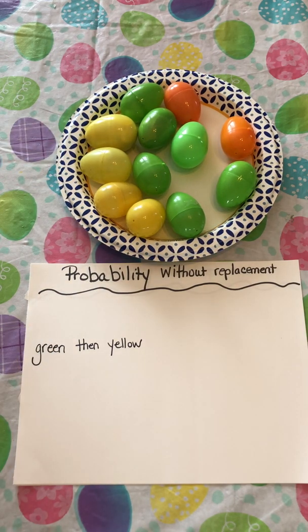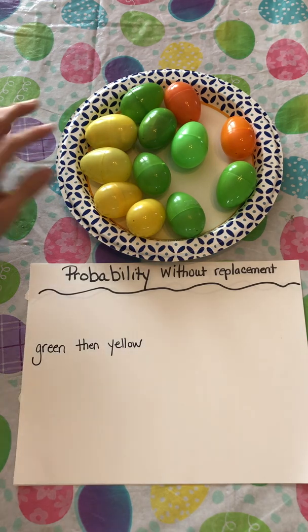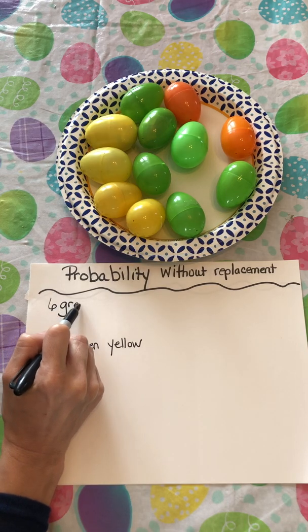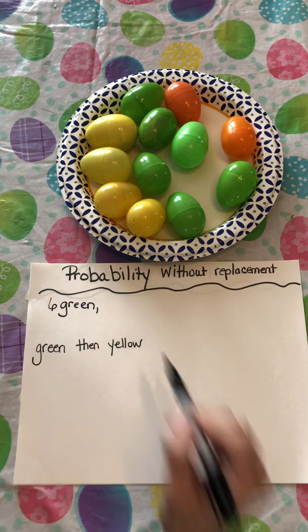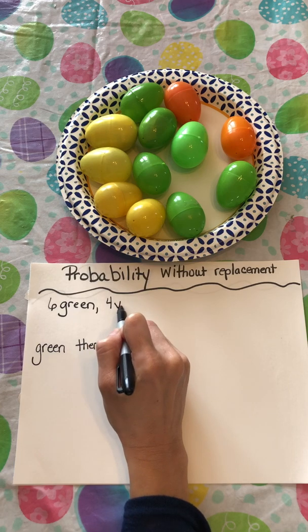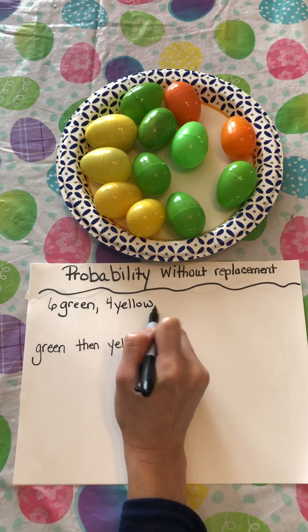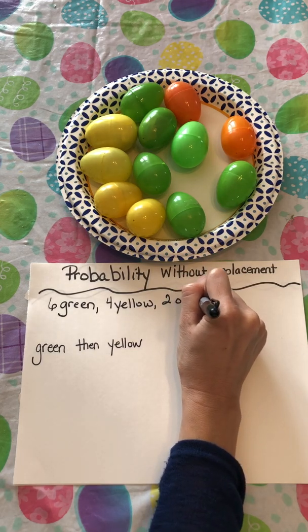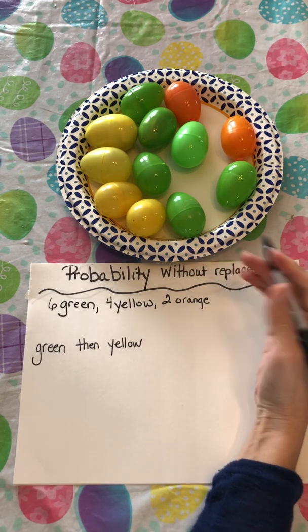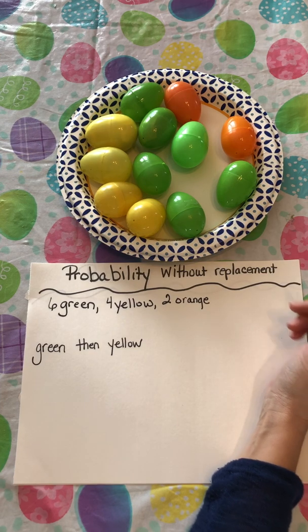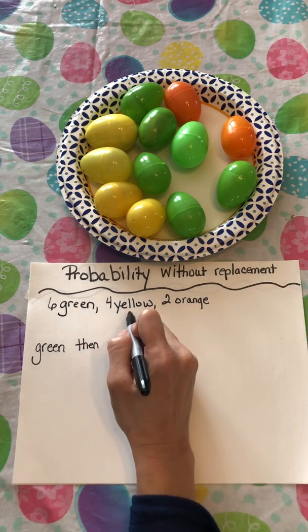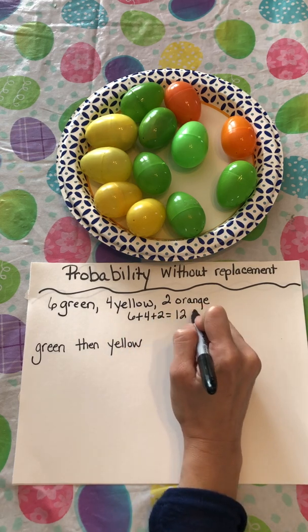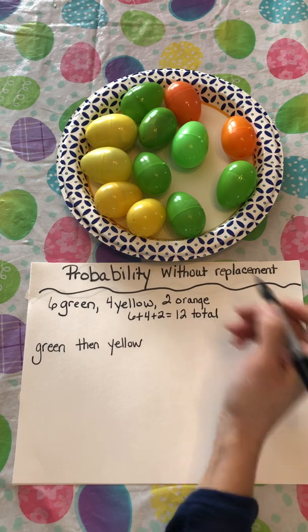I have 6 green, 4 yellow, and 2 orange. We need to find a total of all of the eggs in the container. So if we add 6 plus 4 plus 2, we see that there are 12 total in the container.